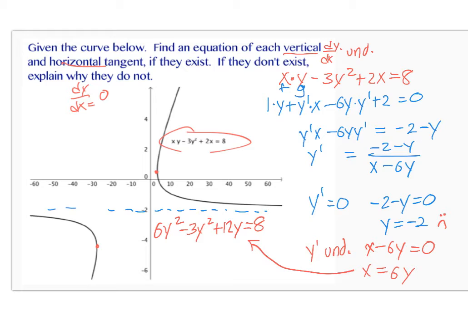I'm going to bring everything to one side, see if this is factorable. 3y squared plus 12y plus negative 8 is equal to 0. Things that multiply to 24 negative and subtract to get 12. I'm thinking this doesn't work.